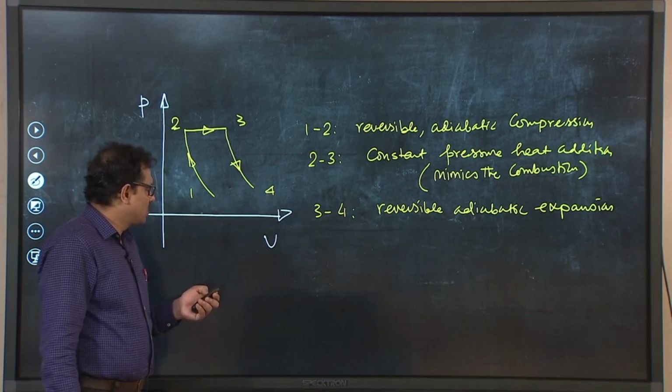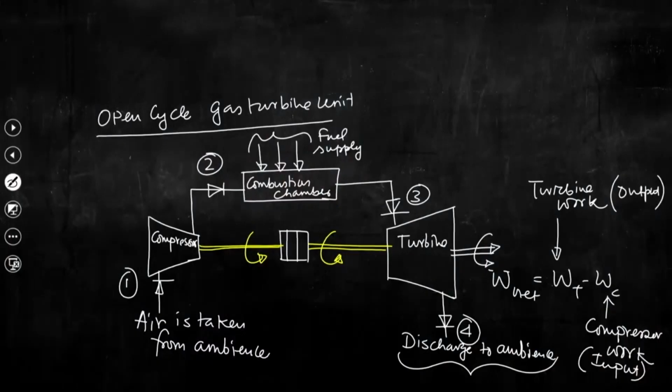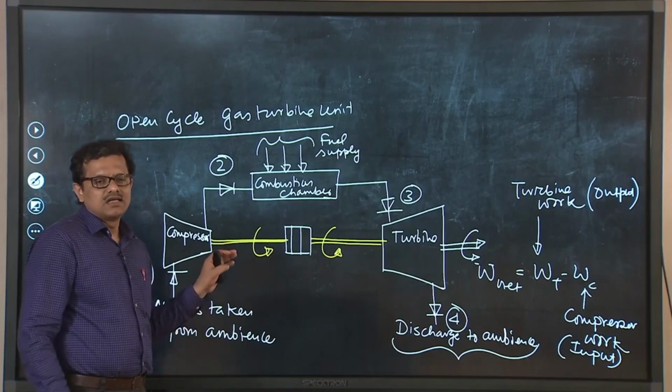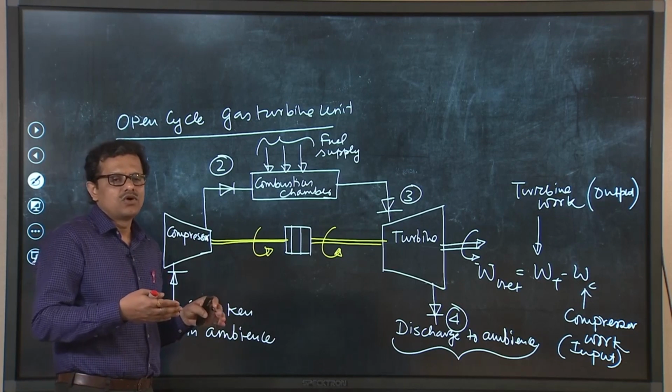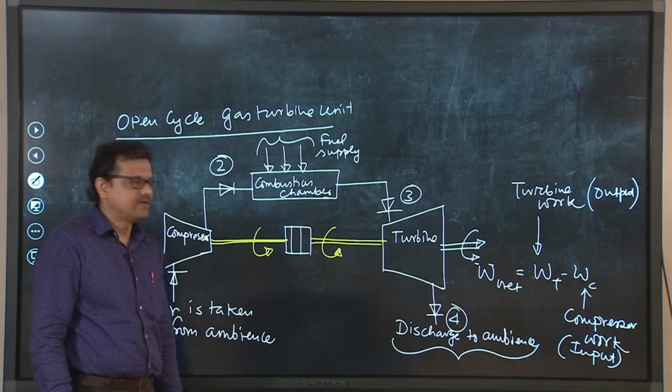So, next is that if we try to reuse the gas that comes out from the turbine, that means if you like to recycle back that working fluid, perhaps that contamination due to foreign particles of the incoming air stream can be avoided or can be prevented.